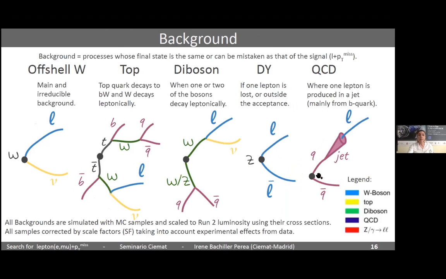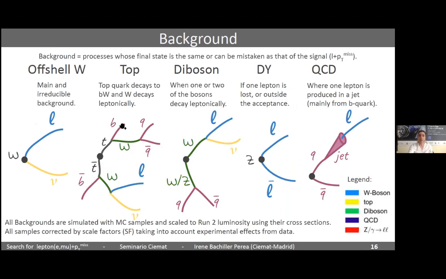And there are other processes in the standard model that have the same signature. They have one lepton and missing PT. So all these contributions will be taken into account as background. The main and irreducible background is the W, where it decays leptonically, the standard model W. But there are also other processes like top production.